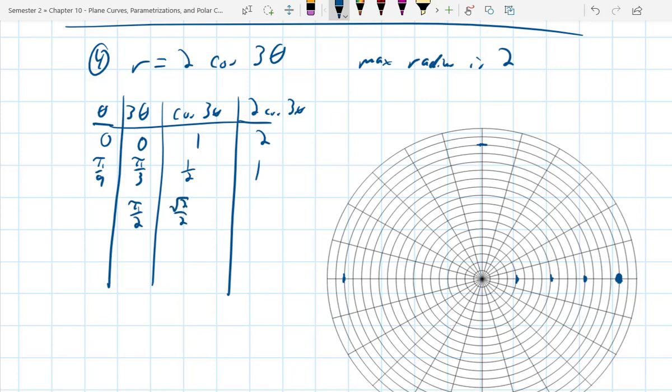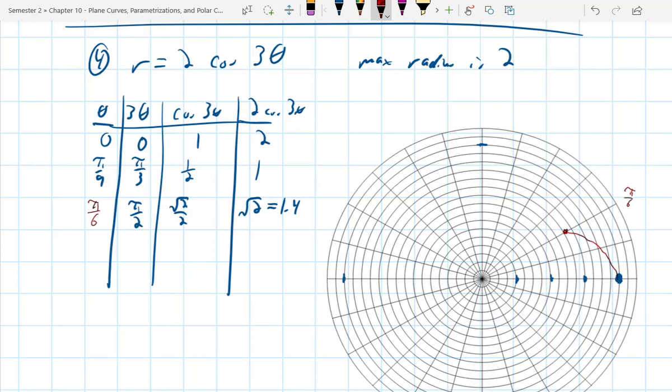And the only reason I'm writing it as root 2 over 2 is because then 2 times that is root 2, which is about 1.4. And my original theta right here would be divided by 3, theta over 6. Theta over 6 is this value right here, pi over 6. And that is 1.4, so it's going to be about here-ish. So I'm going to get something that connects like that.